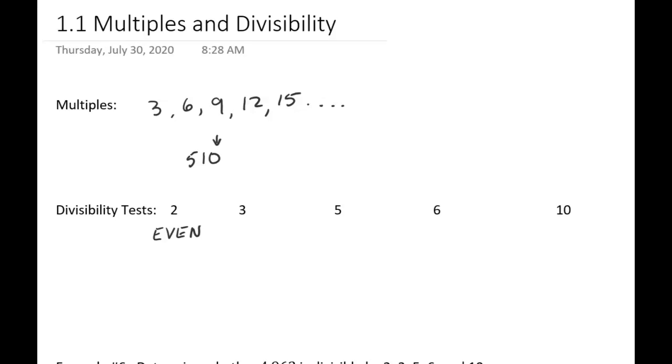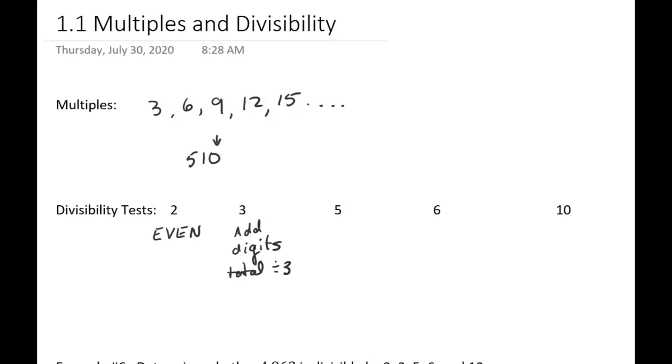Okay. The divisibility test for 3, that one's kind of a fun one. So you look at 510 and you might say, oh, well, I don't think it's divisible by 3. But you know what? It is, because here's the test. You add the digits of your number, and if that total is divisible by 3, then the whole number is.